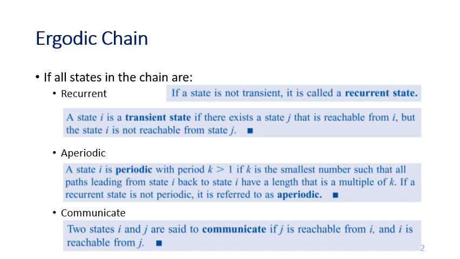In other words, there is at least one way from i to j, and at least one way from j to i. So if all the states in the chain are recurrent, aperiodic, and communicate, then the chain that we have is called an ergodic chain.